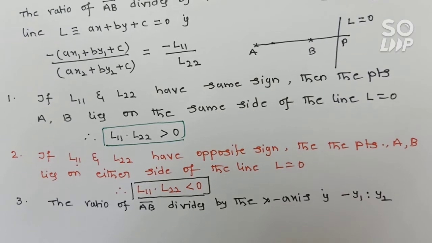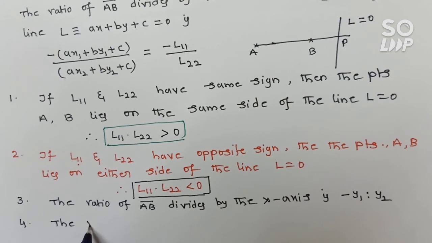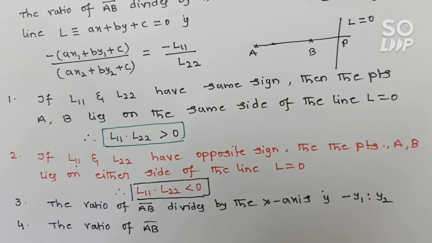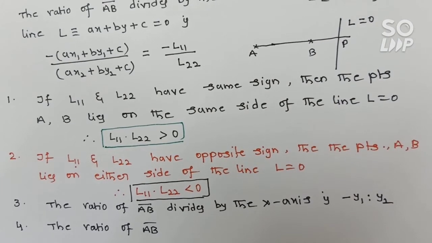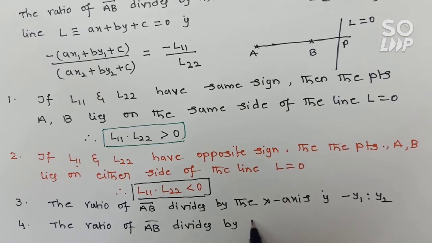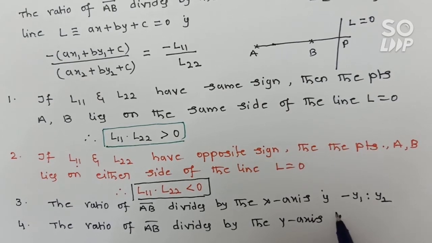Similarly, the next point: the ratio in which AB is divided by the y-axis is minus x1 is to x2. Y-axis is minus x1 is to x2.